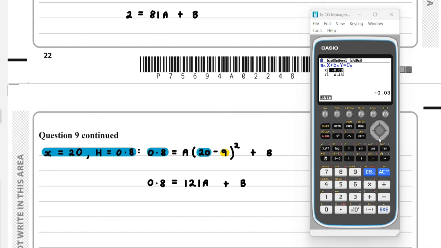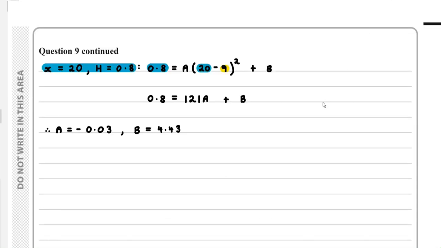So we have the value of a, which is negative 0.03, and the value of b, which is 4.43. Knowing what a and b are, we can therefore conclude h is equal to 4.43 subtract 0.03 multiplied by x subtract 9 squared.